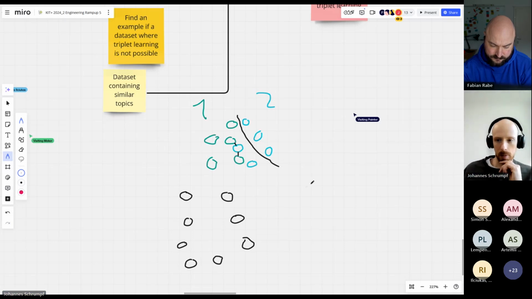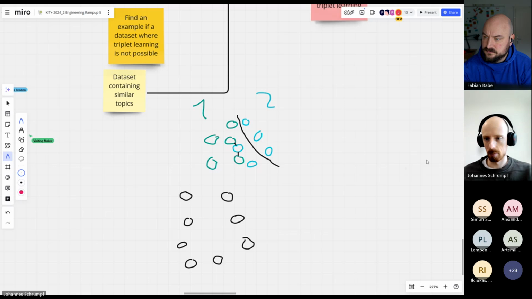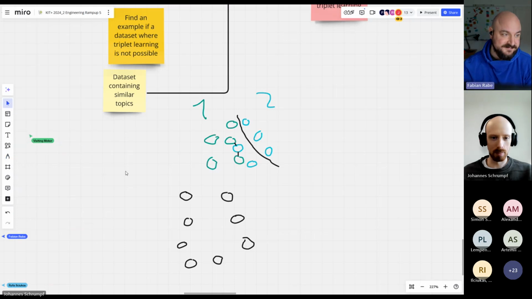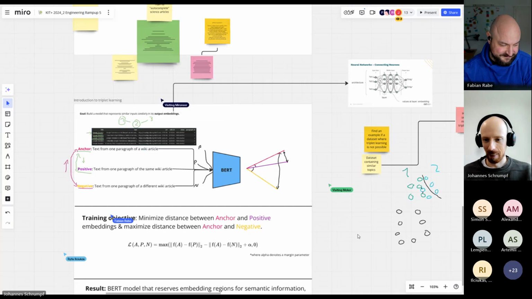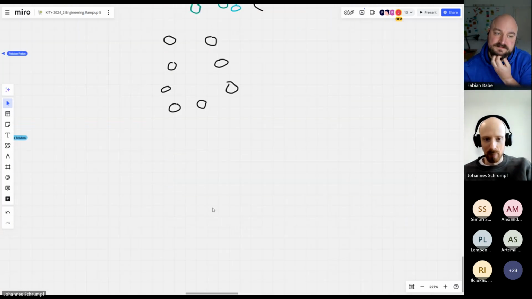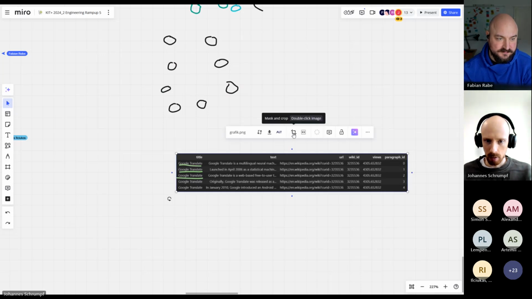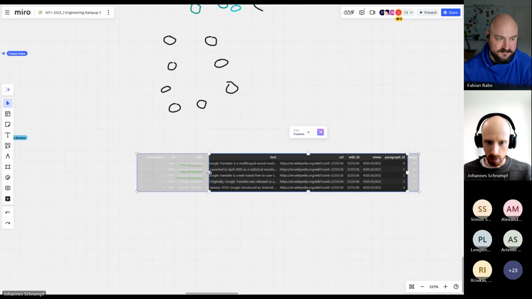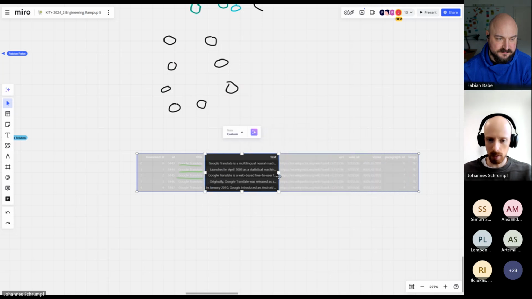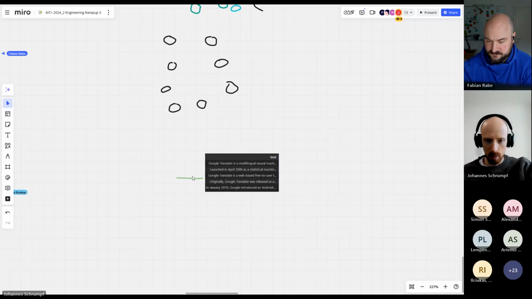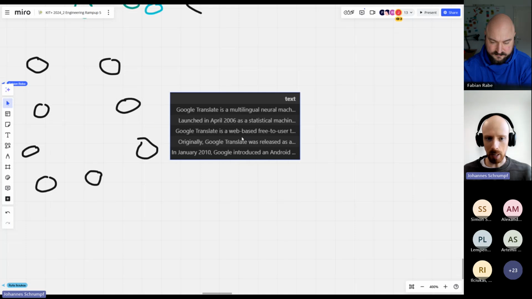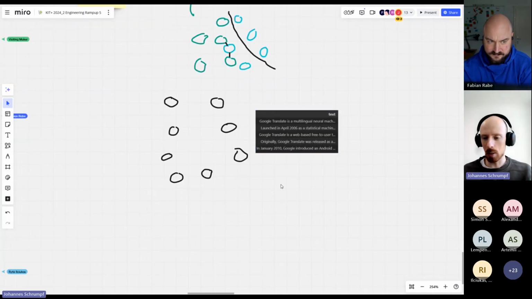What happens then? Let's say we only have text. Can we do triplet mining with this?